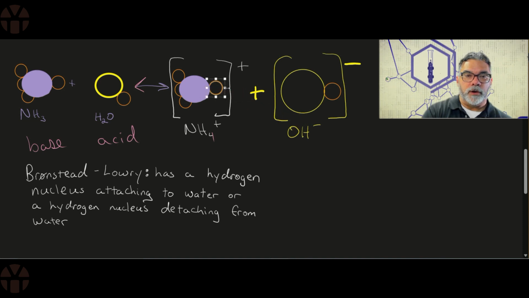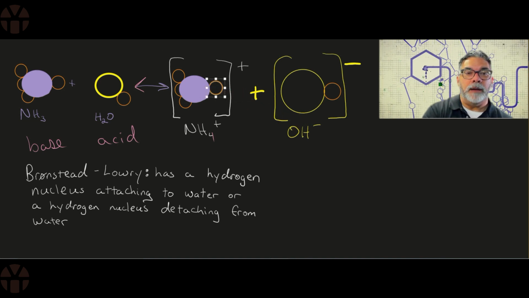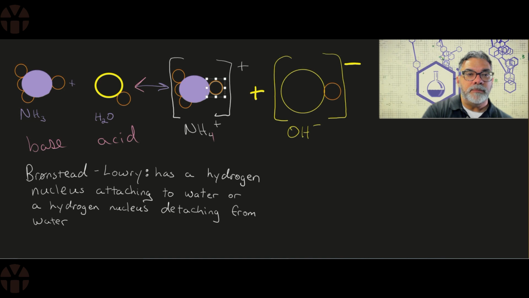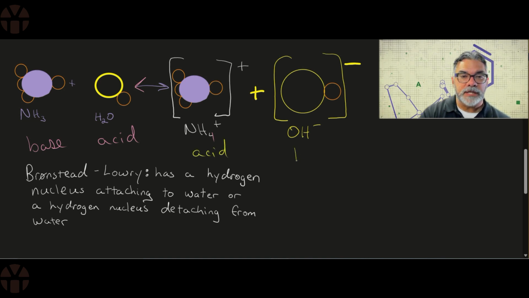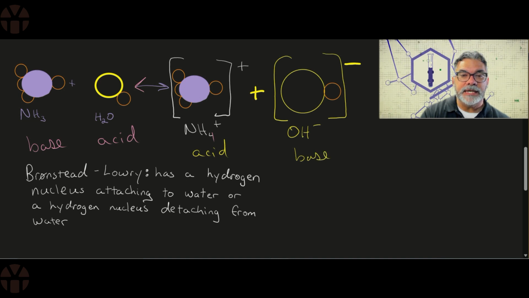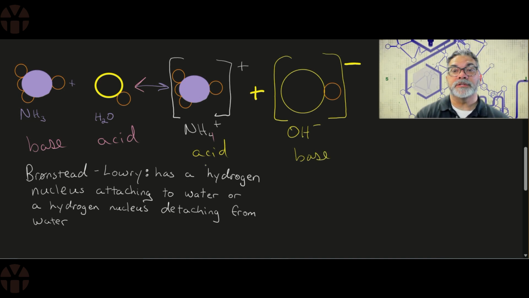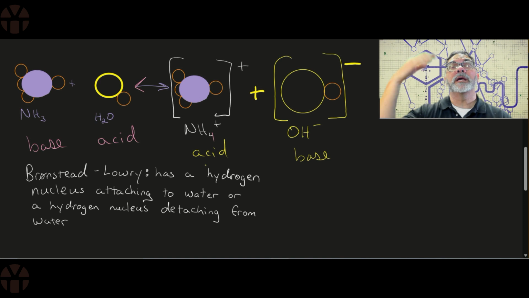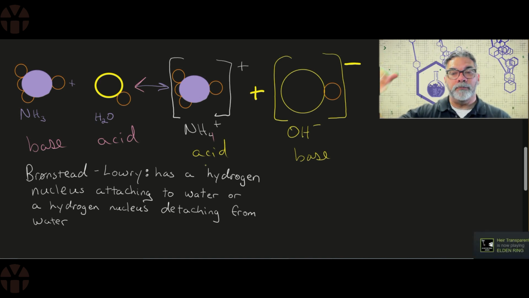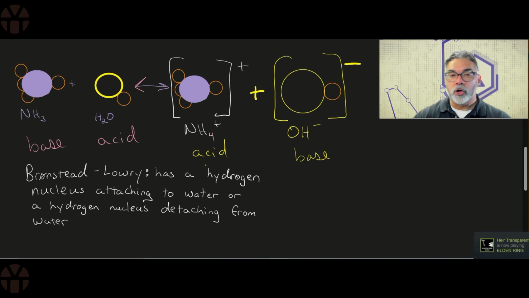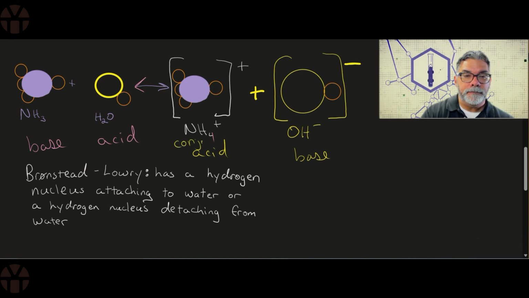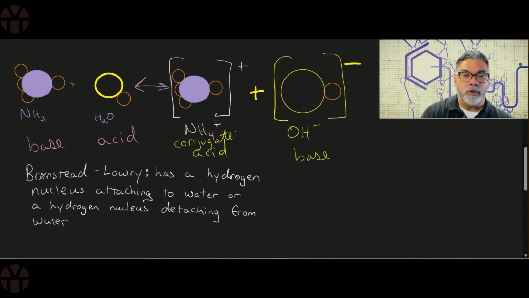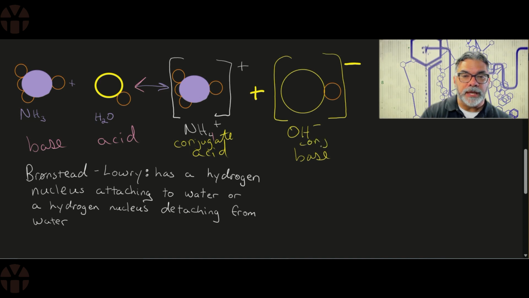So over here on the product side, ammonium is going to be acting as an acid, and the hydroxide is going to act as a base. Now, because they're on the product side and they were created because something had to happen first, we're going to refer to this as a conjugate acid, and we're going to refer to this as the conjugate base.